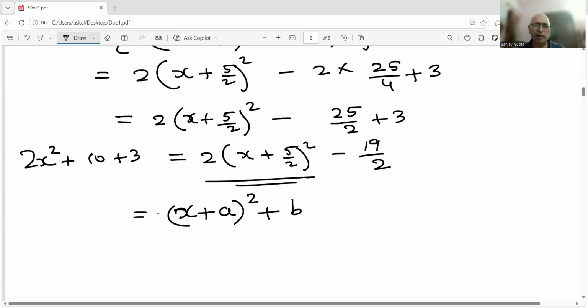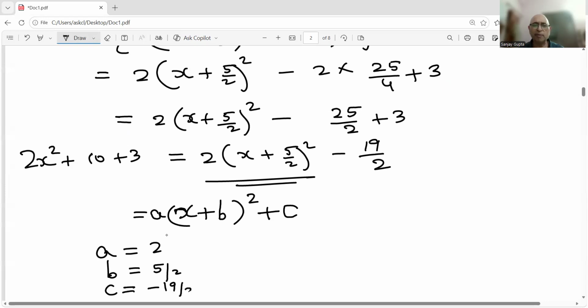Generally we take a as the coefficient of x squared, so let us not confuse with that. Let's write down a times x plus b whole square plus c. Is it in this form? Yes. If I compare, then a is 2, b is 5 over 2, and c is minus 19 over 2.